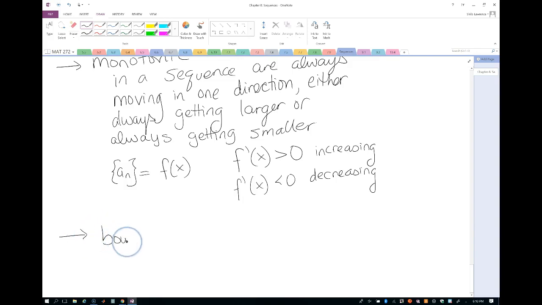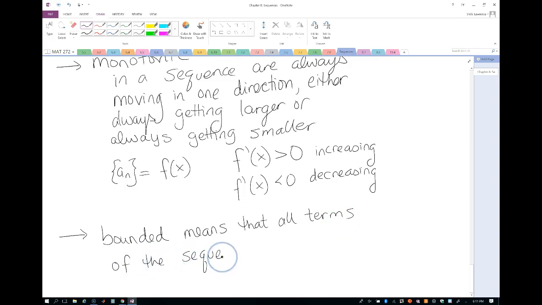So that other key word in there was bounded. And bounded means that all of the terms of the sequence stay within a specific range, or a specific interval.